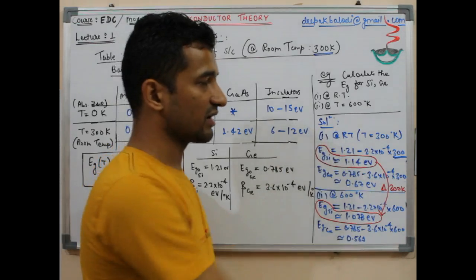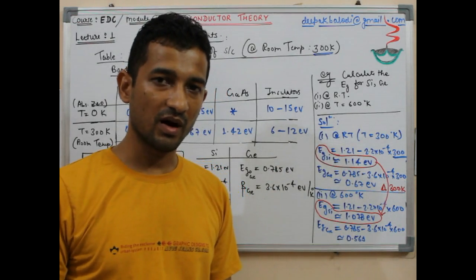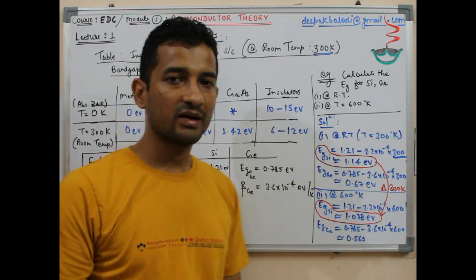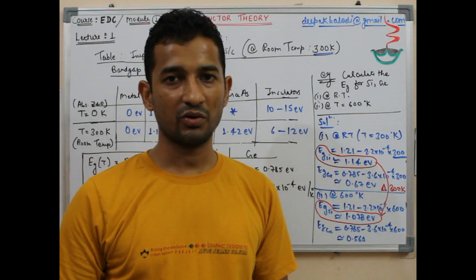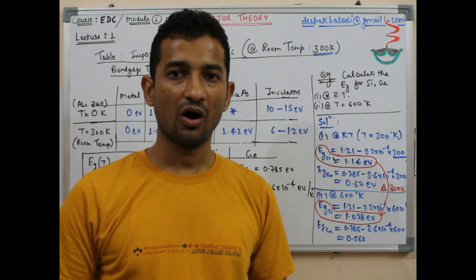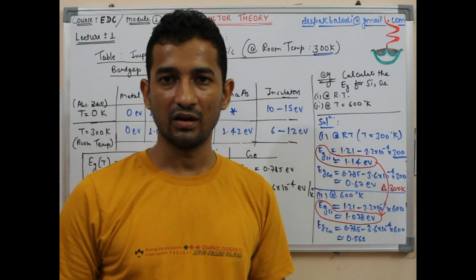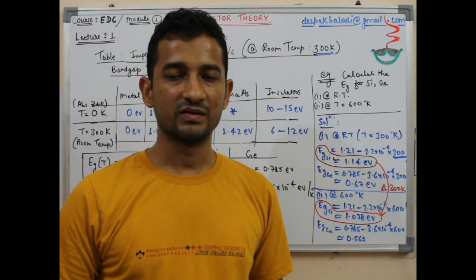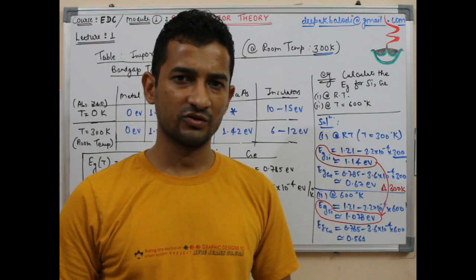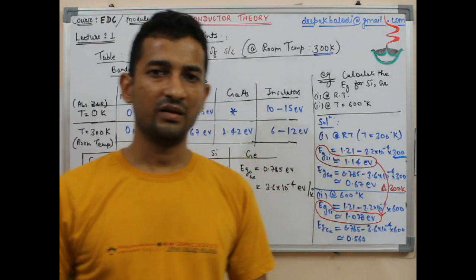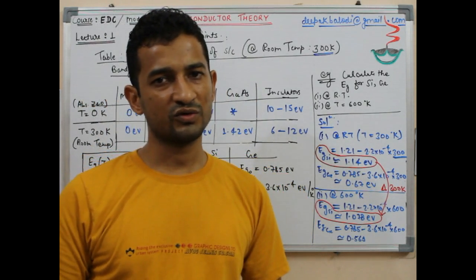So this numerical is only for some data in our mind. But practically, in the practical scenario, the temperature changes within 10, 15 or 20 degree or 30 degree centigrade, or 15, 20, 30 degree Kelvin. So we can assume that for these many temperature fluctuations in this range, the band gap decrement would be almost negligible.